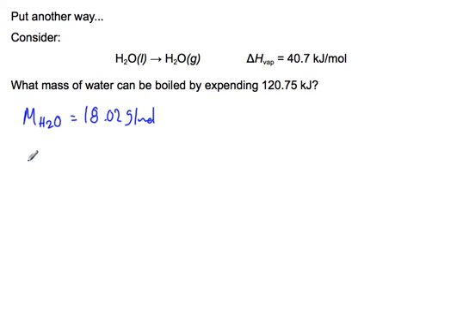Now, delta H of vaporization equals the enthalpy of the reaction divided by the molar amount, in kilojoules per mole. We're looking for that molar amount, so n equals the enthalpy of reaction, which we know, divided by the delta H of vaporization, which we know.